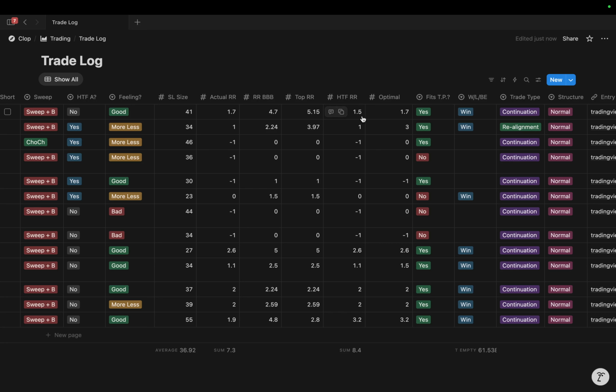And then high time frame RR. I put this if you want to target specifically on one column. Normal targeting to highs and lows, the nearest for me is pretty much anywhere from 1.3, 1.5 to 2.5. That's the usual, the average pretty much that I target. After that, it just has to be really clean to target 1 to 3, 1 to 4s.